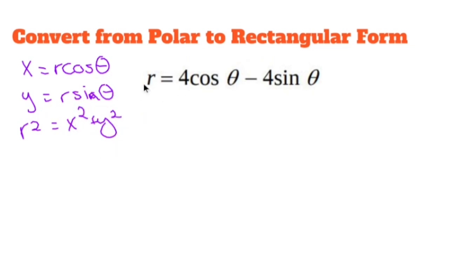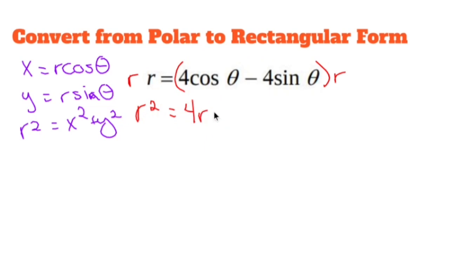So in order for us to make this look like stuff with x's and y's, first thing we need to do is turn that r into r squared. Let's multiply it by r. If I multiply the left by r, I have to multiply the right by r. So the left is now r squared, and we'll change that in a little bit. Distributive property puts that r right after the 4.